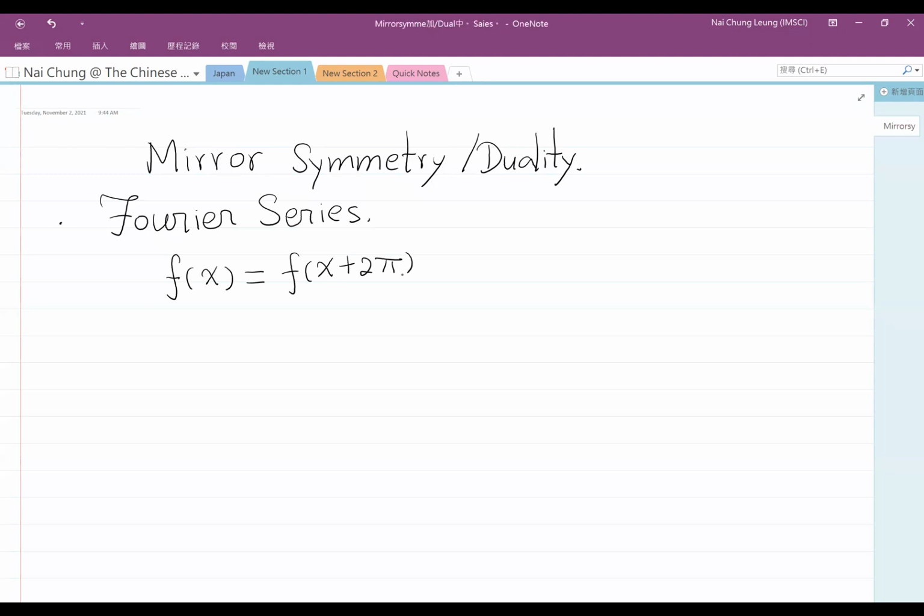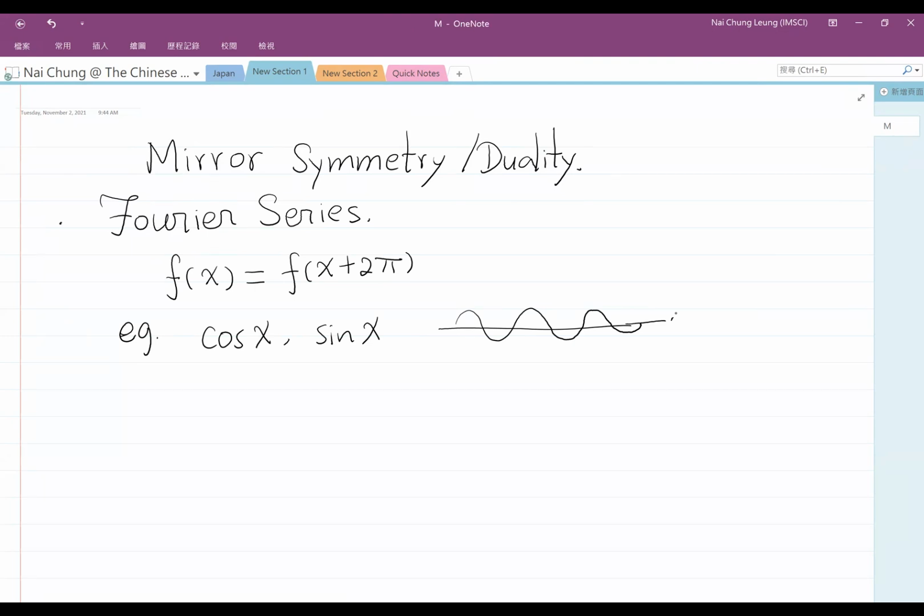What are those functions? For example, cosine x, sine x, all these functions have this property. These are periodic functions. Of course, all these are very important functions in mathematics, physics, engineering, and so on.